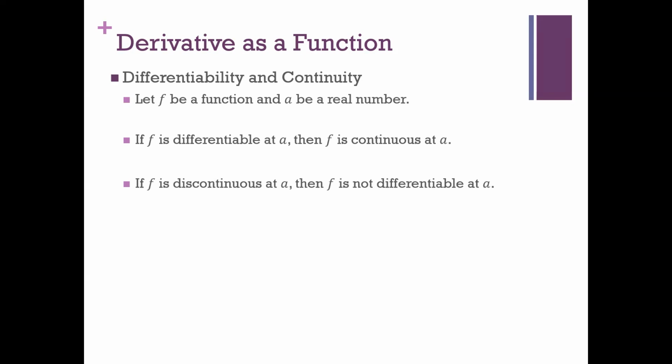So now we've talked about what it means for a function to be continuous. Differentiability requires continuity and more. Any questions on that? It's probably a little hard to get your head around unless we look at an example or two.